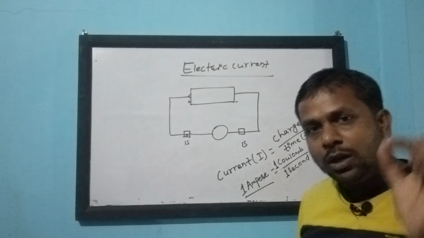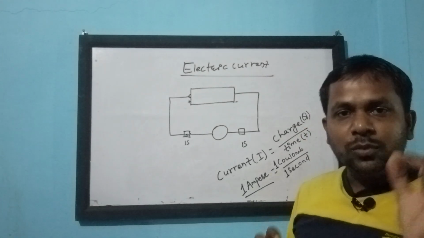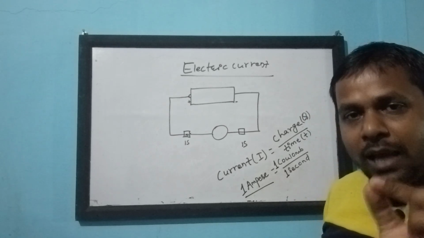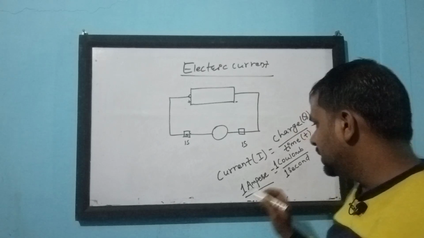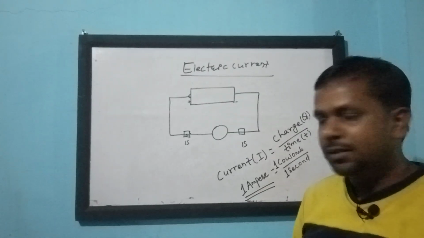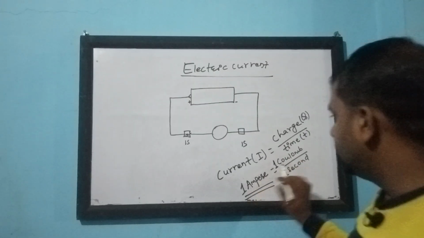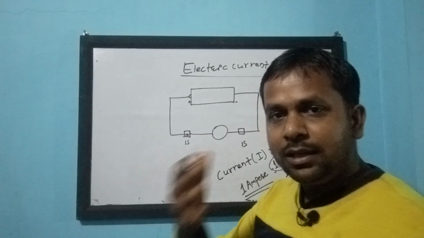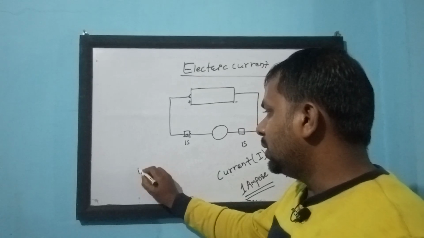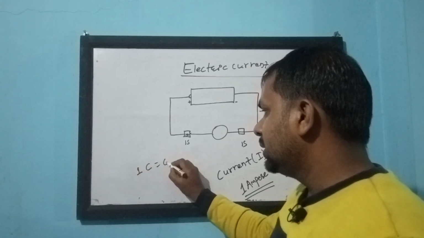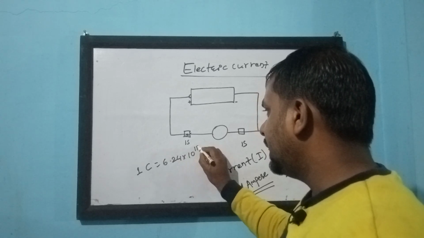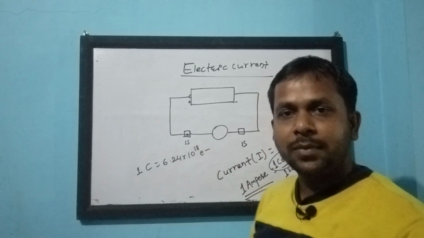If 1 coulomb charge is moving per second at any point, then the value of current at that point is 1 ampere. This 1 coulomb charge means we can also think practically like this: 1 coulomb of charge means 6.24 into 10 to the power 18 electrons.